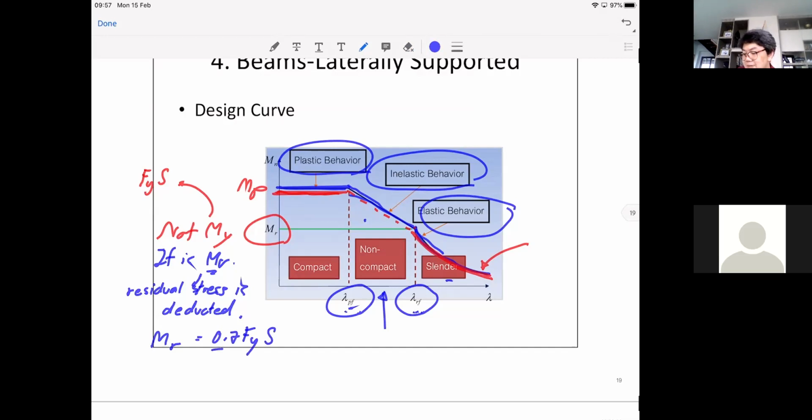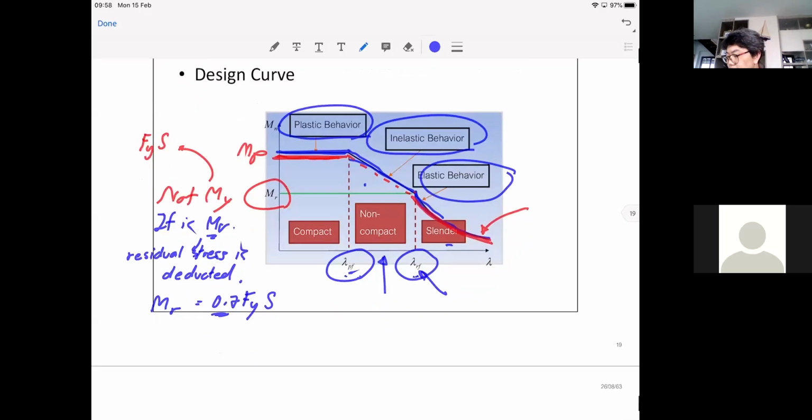So 30% is deducted for the effect of the residual stress. Okay, so remember in the consideration we use MR, not MY. And if you ever wonder, this is the reason why we call it lambda R, not lambda Y. Okay, so we have lambda P and lambda R. Okay, so this is the basic concept of the design curve of our beam.